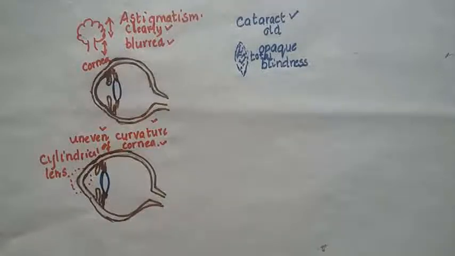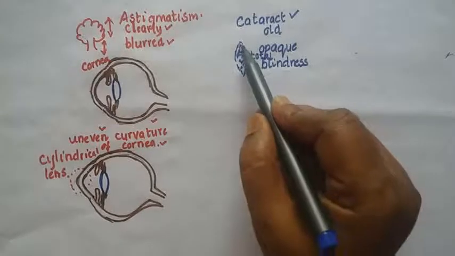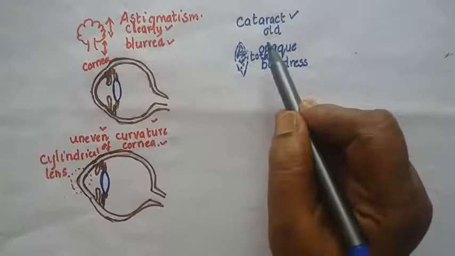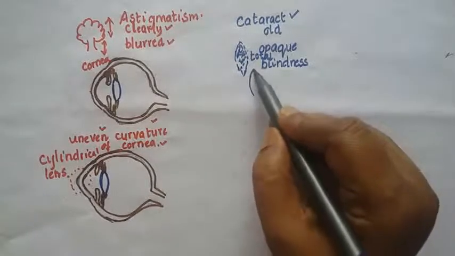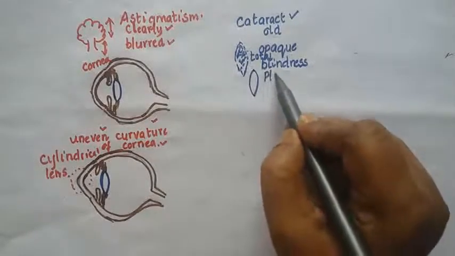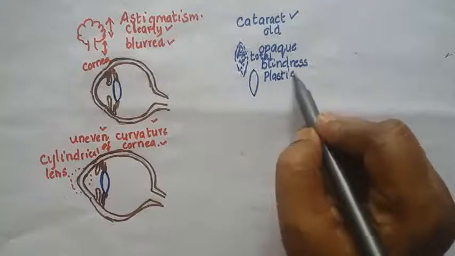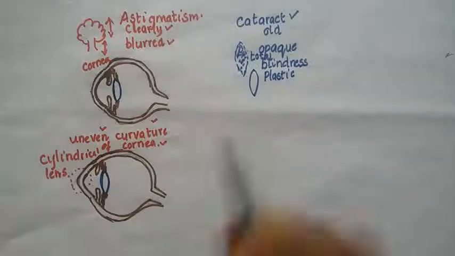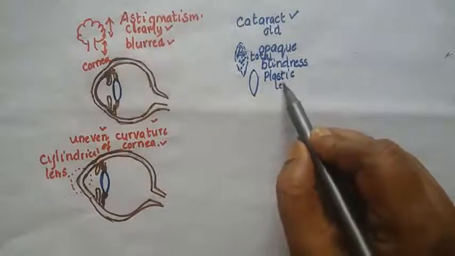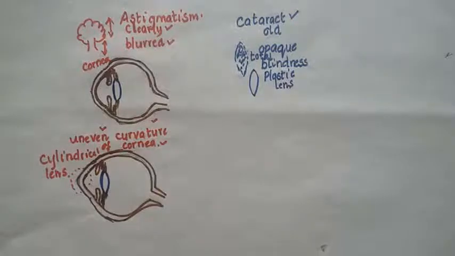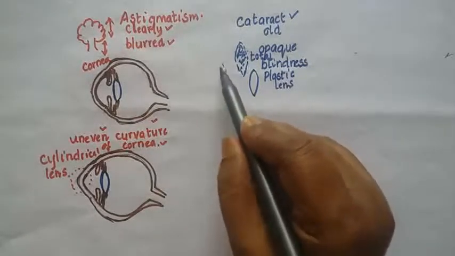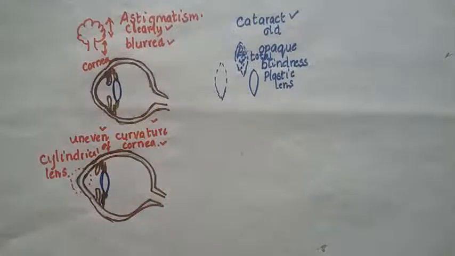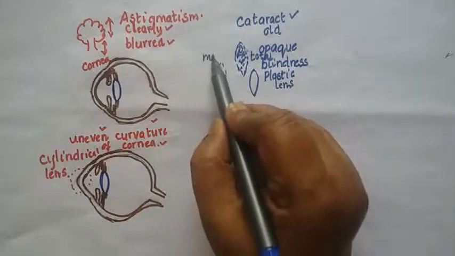Okay, so what is the remedial measure? This opaque lens has to be removed and replaced by an artificial plastic lens in place of the opaque lens. Or, if there is no placing of a plastic lens inside the eye, the person can wear the biconvex lens, which is more convex in its nature.